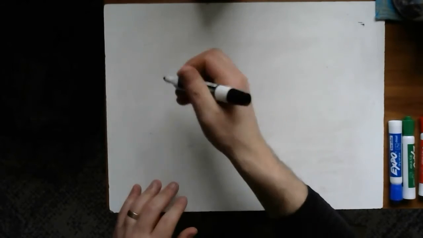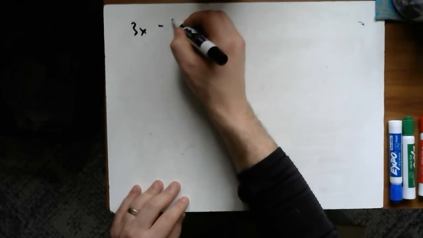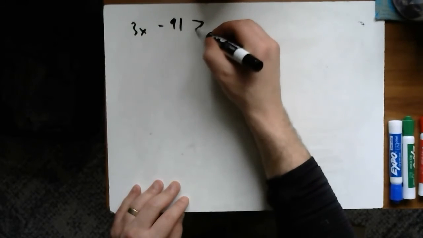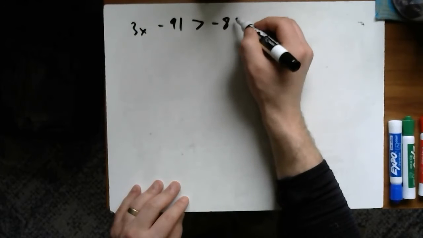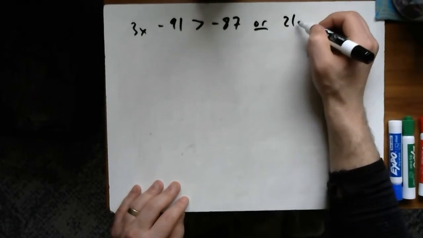All right, let me get a union up. And so here, let's do 3x minus 91 is greater than -87, or 21x is greater than 25.